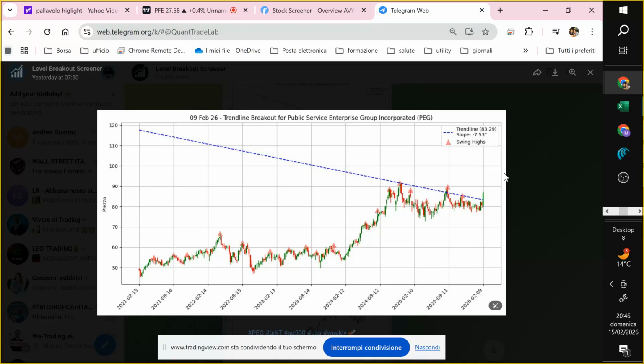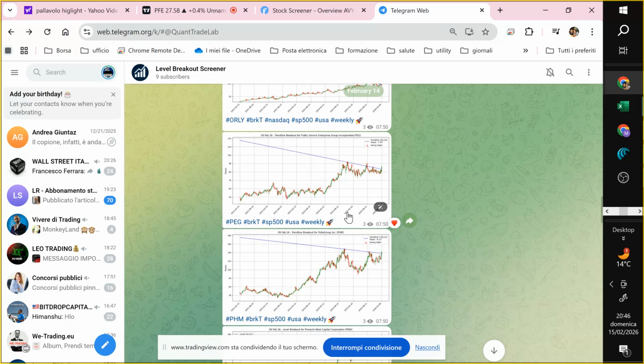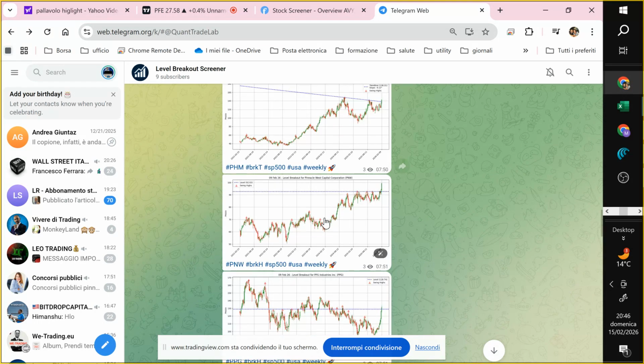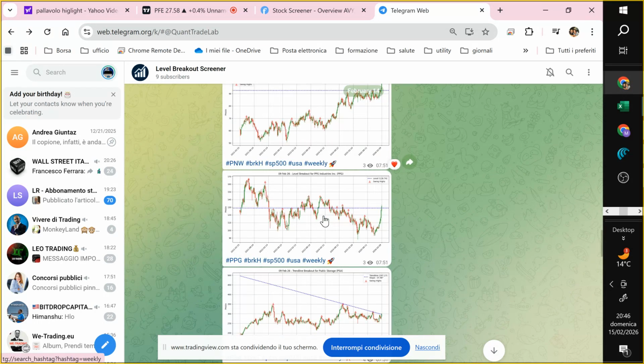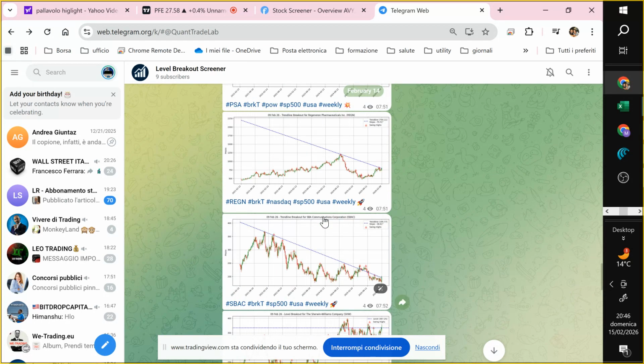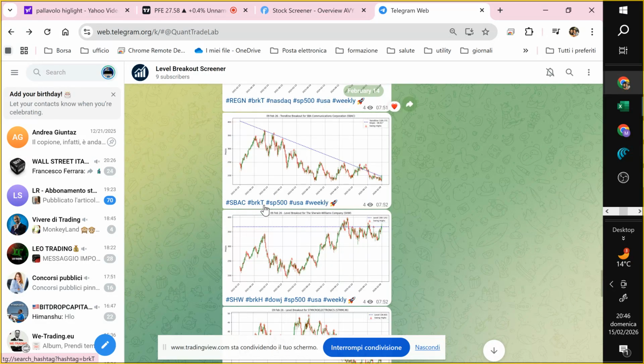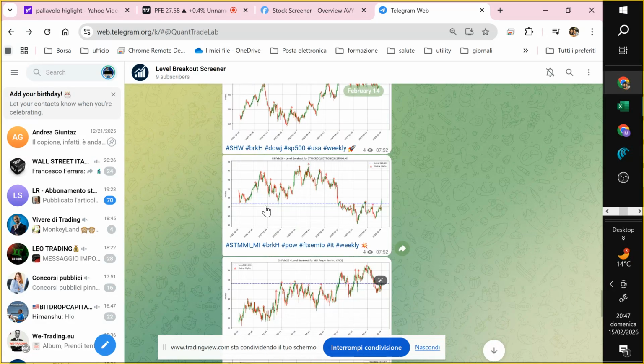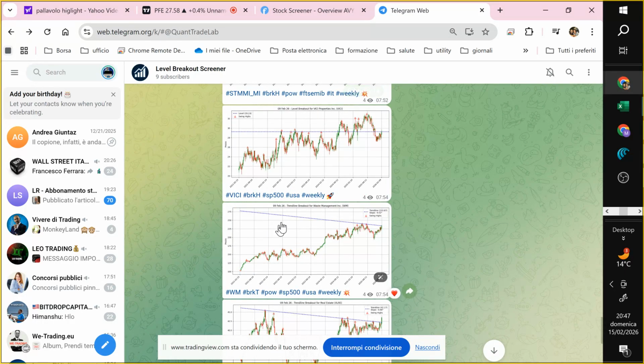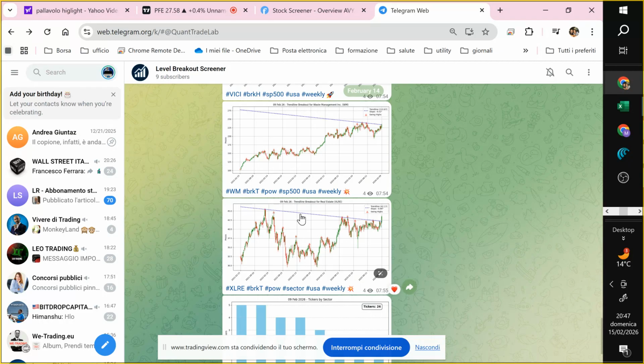For example, we have to look at the multi-confirmation of trendline and horizontal level. I'm sorry, but this week we don't have a ticker where we find at the same time, in the same week, a level breakout and a trendline breakout.